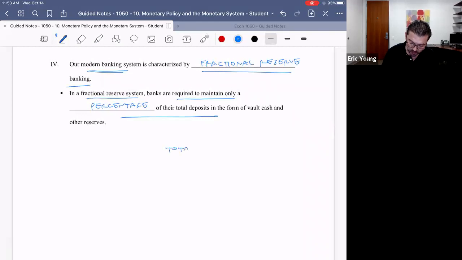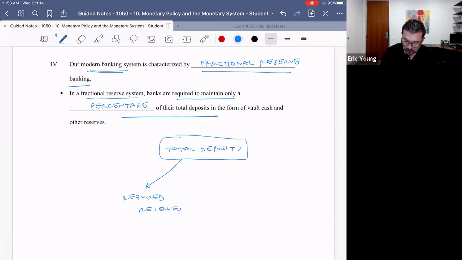Banks are going to have total deposits. Of this, only a portion, we're going to call this the required reserves. So of a bank's total deposits, only a portion, a fraction of that, called the required reserves, have to be kept in reserve.